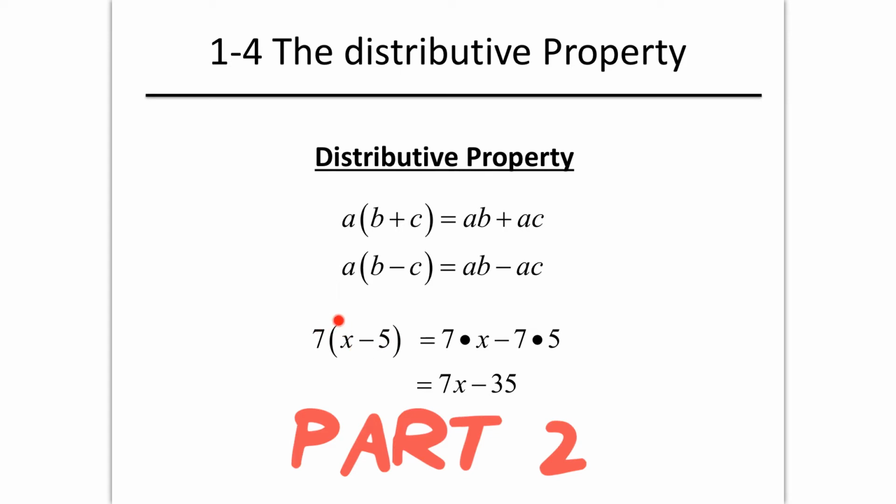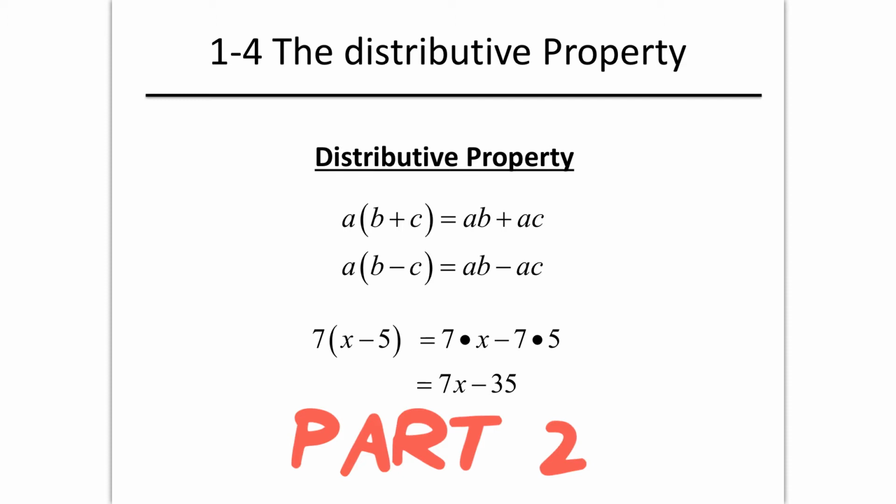So I multiply 7 times x right here, 7 times 5 right here. So 7 times x is 7x, and 7 times 5 is 35. You keep the minus in between. So this one here is your answer. Now sometimes you are able to combine like terms, so you have to do that as well. If you can simplify more, if you can combine like terms, you have to.